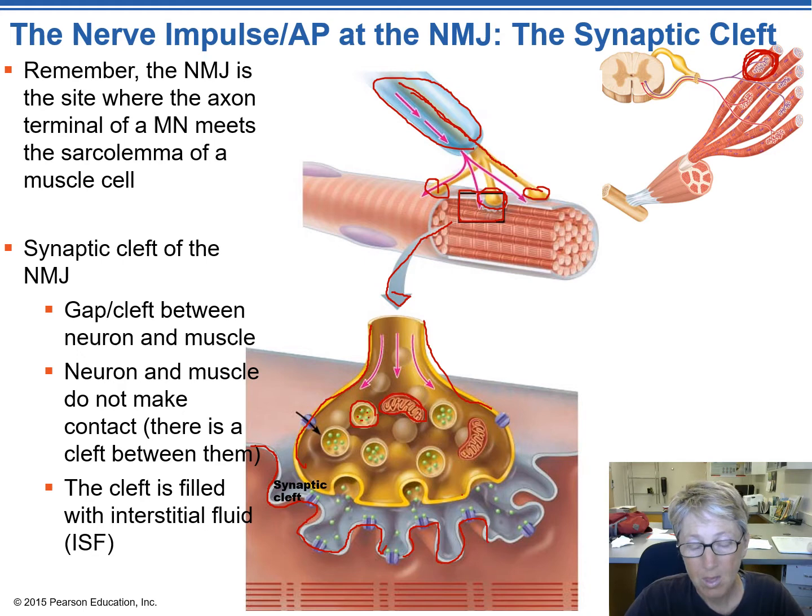And you can see between the axon terminal in yellow and the sarcolemma, or the phospholipid bilayer of the muscle cell, there's this thing called a synaptic cleft. So it's a gap or a cleft between the neuron and the muscle. And the synaptic cleft is filled with interstitial fluid.